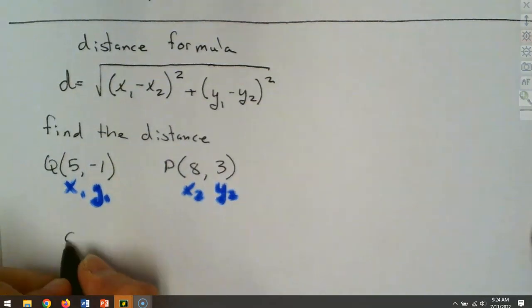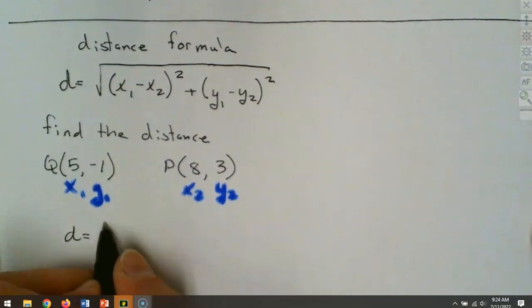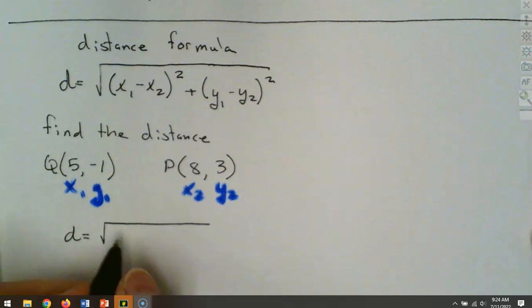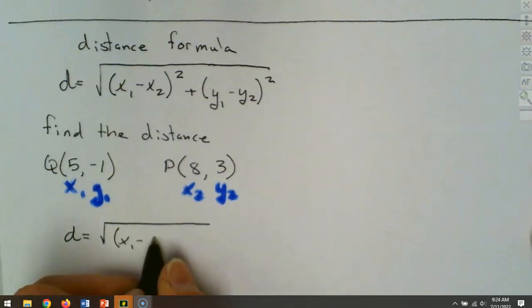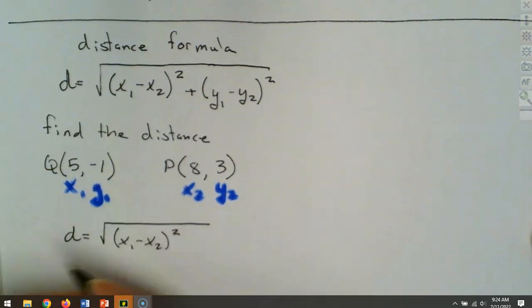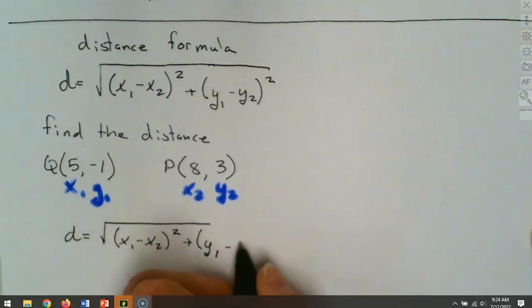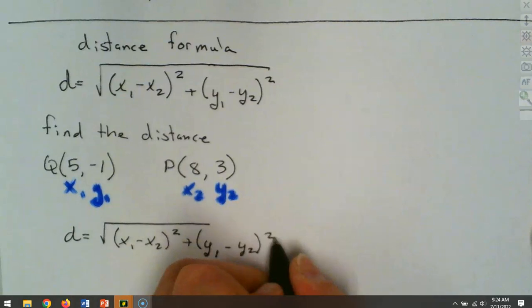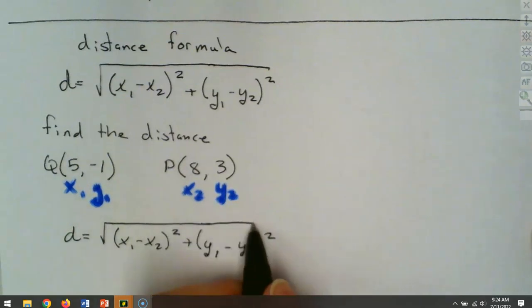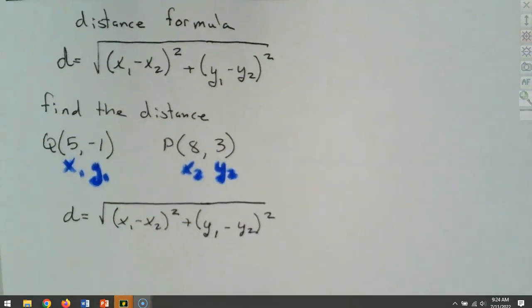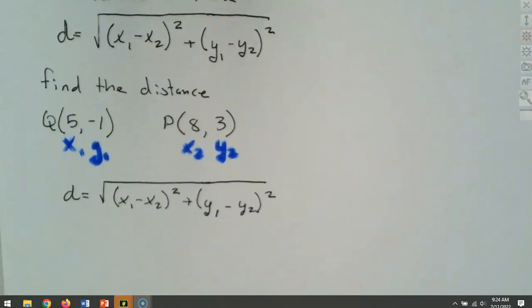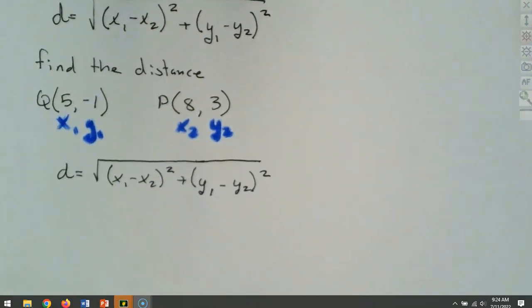And here's our formula. Now, when we work this out, we have to be very careful of double negatives. If we have a double negative, that's going to make that a positive value.